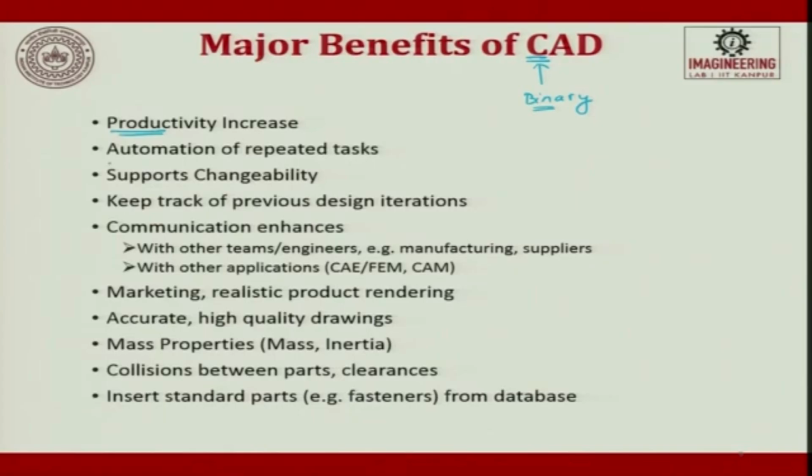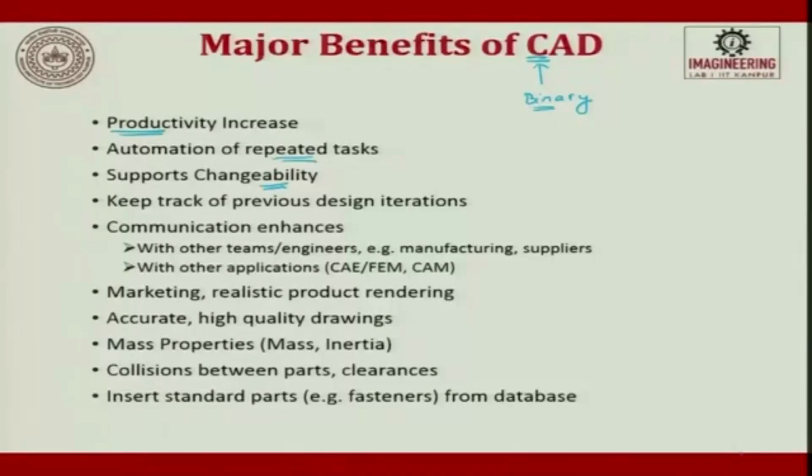Next one is automation of repetitive tasks can be done using CAD. For example, you have already drawn, you have kept it in the archive. If you are doing it manually, you have to redraw, whereas in a computer you just click a button, you pull the drawing once again and start working on it. Support changeability or editing, whatever, to the requirements.